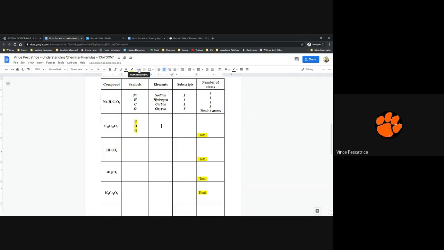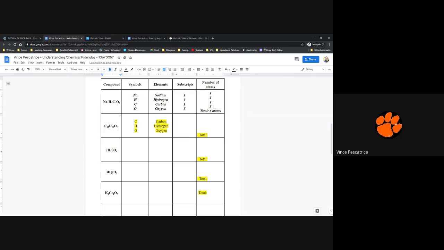C on the periodic table is carbon, like I said. H is hydrogen. And O is oxygen. Everyone with me so far? Yes. Okay.